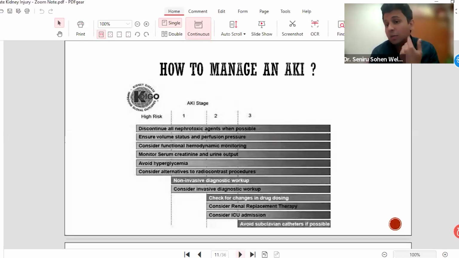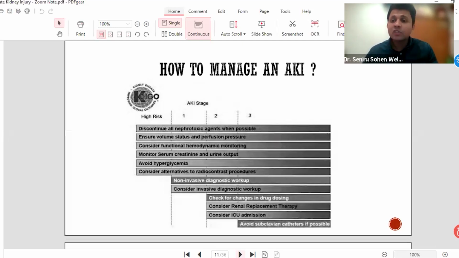You can have hyponatremia, you can have hypernatremia. Potassium-wise, most often you would encounter hyperkalemia, and then there will be calcium and phosphate abnormalities like low calcium and high phosphate. But hypercalcemia itself can be a cause for AKI, so you have to be careful with interpreting those investigation findings.